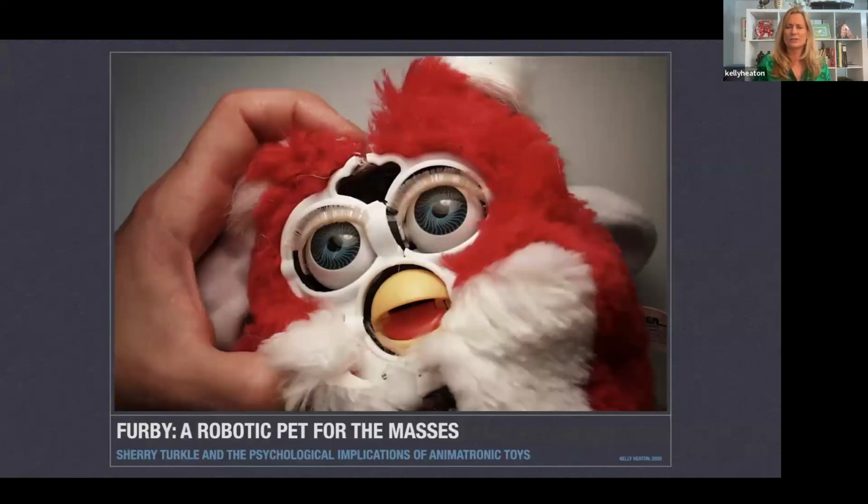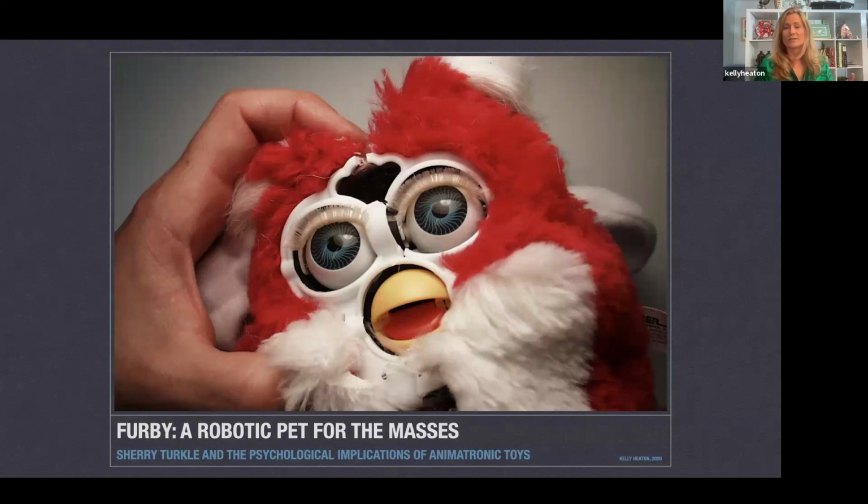So I got really interested in technology and machine intelligence and where it was overlapping with familiar metaphor, in this case, toys, because I had this background, as I told you, where I loved animals and I loved nature, and you were starting to see the Furby come out as this fully animatronic robot that you could have at home, which was so unthinkable. It's hard to understand how strange this was at the time, late 90s, early 2000s.